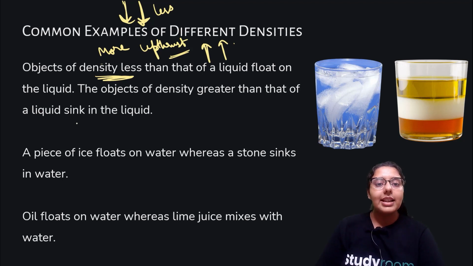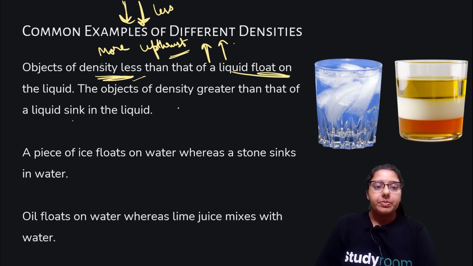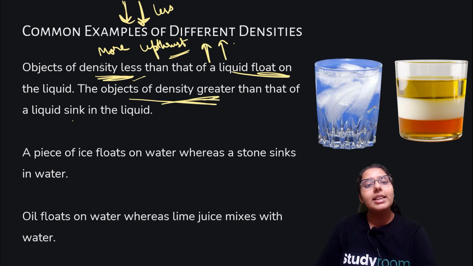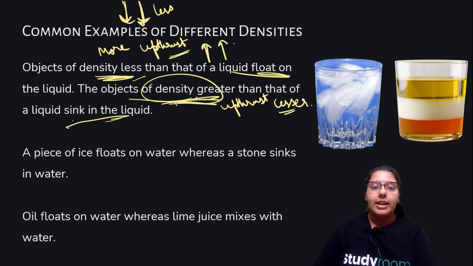So in this case, the object will float. And if your density is greater, then your object will sink. Greater density means that your upthrust is lesser and your weight is greater, right?